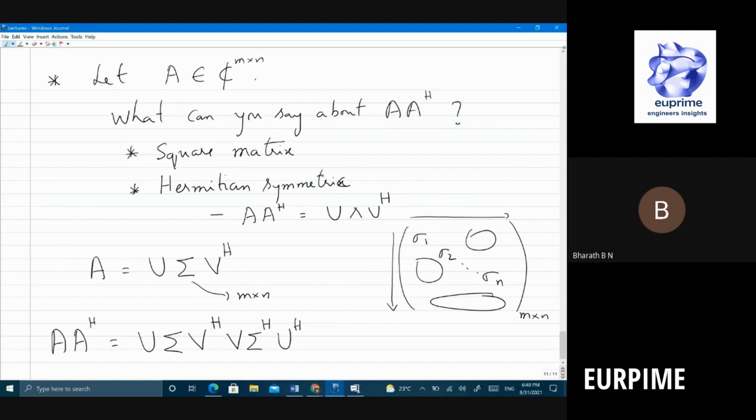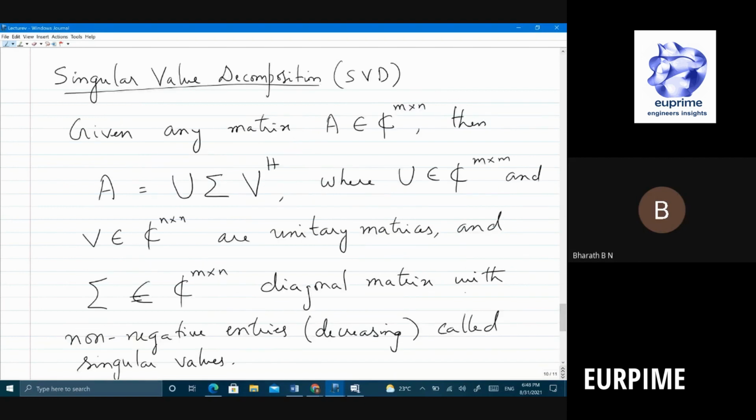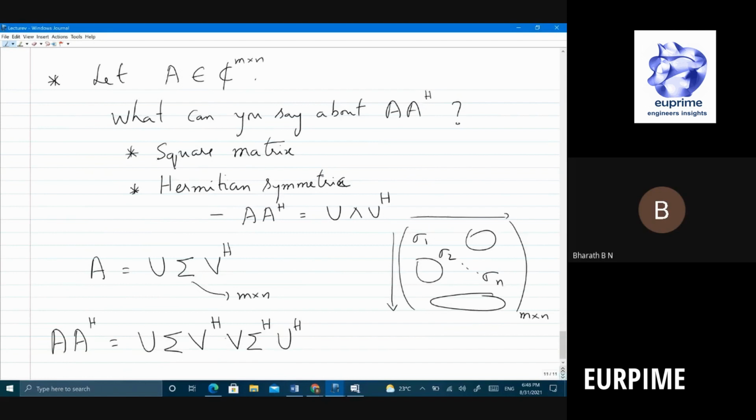It's a diagonal matrix, in fact non-negative also. R plus is basically all the non-negative numbers. Okay, so this is what you get, right?